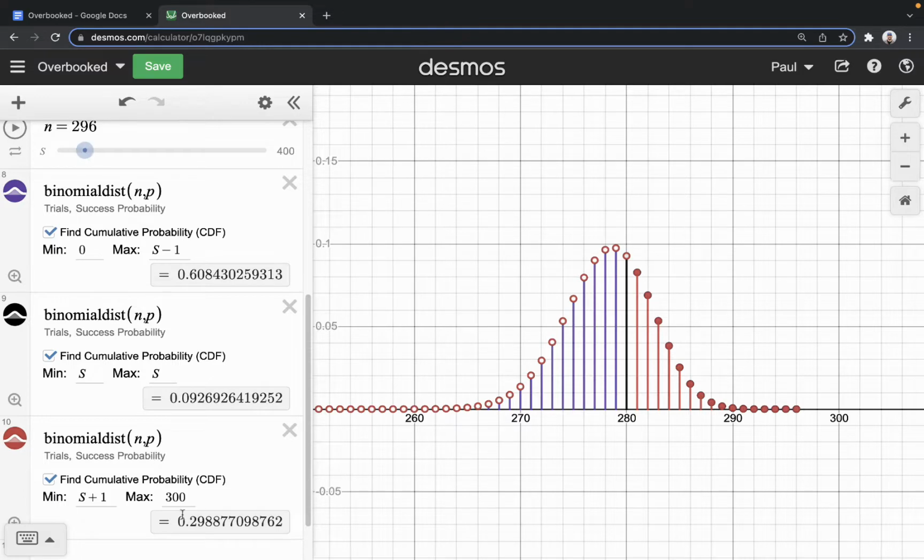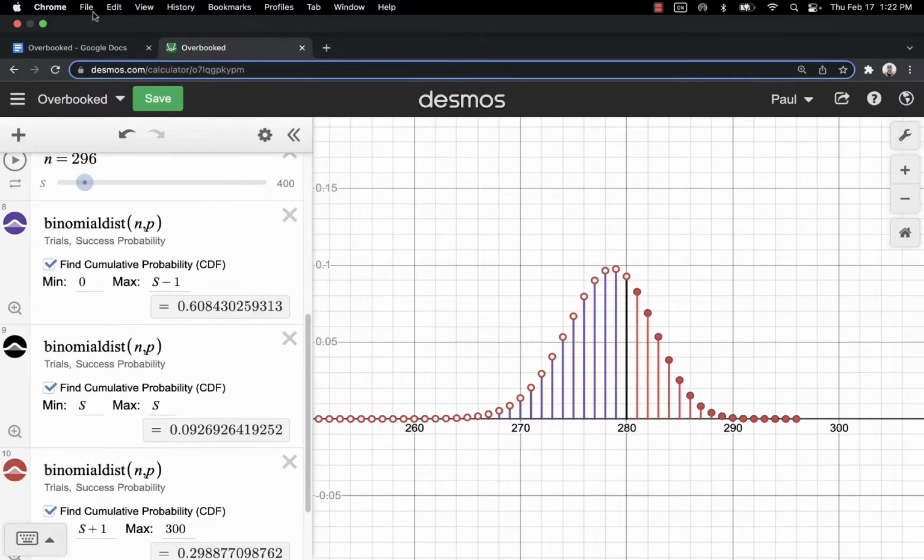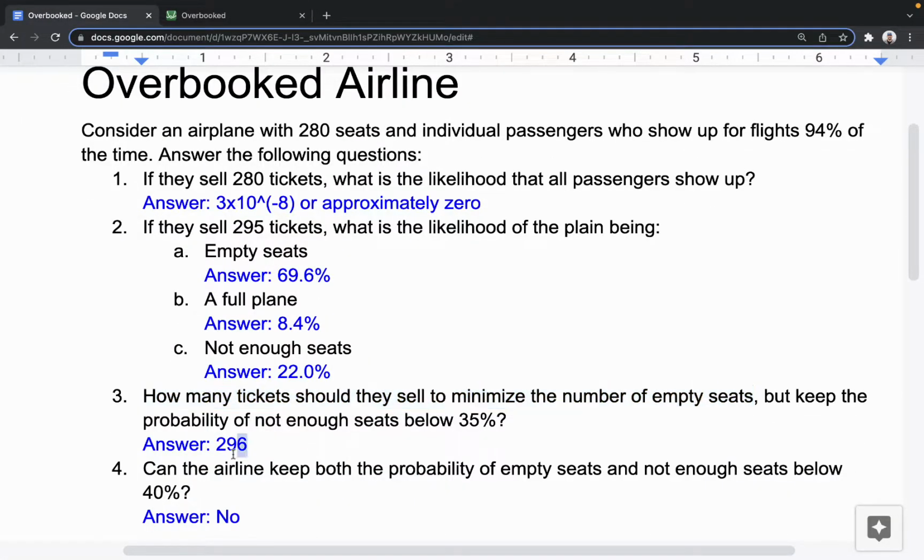Next one down, that's under 35%. So it's finding a balance between the two. Now purple is as small as it can be. The probability of empty seats is as low as I can make it without having the probability of not enough seats go over 35%. So the magic number there is 296 to balance that out.